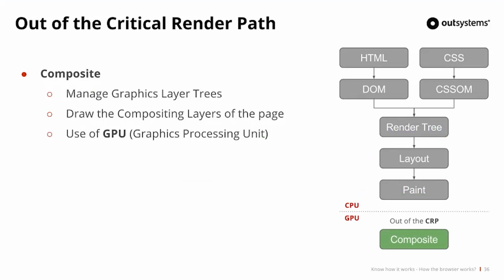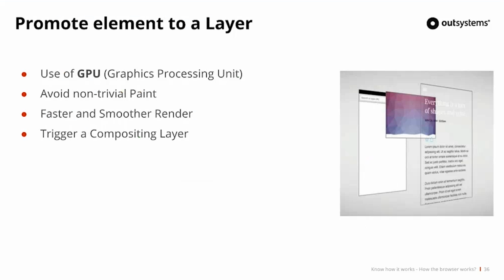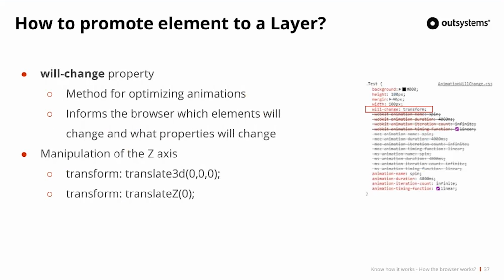So the composite will use just the GPU, and this is quite important. So okay, I want to start using the composite. Well, you can promote the element to a layer. You can use the GPU, of course, and avoid painting, and you have a faster and smoother render in your page, because it will only trigger the composite layer.